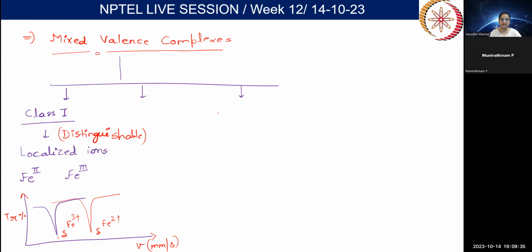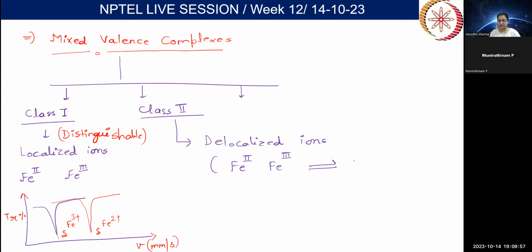And localized ions. Now the second example that we have is class 2, where we have delocalized ions. That means if I have iron 2, iron 3, they would be in equilibrium with iron 3, iron 2.